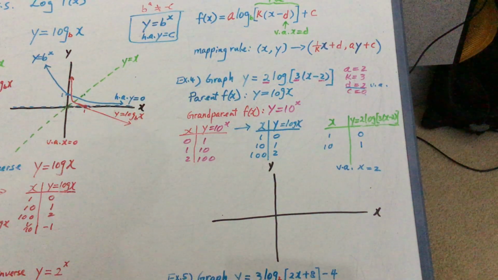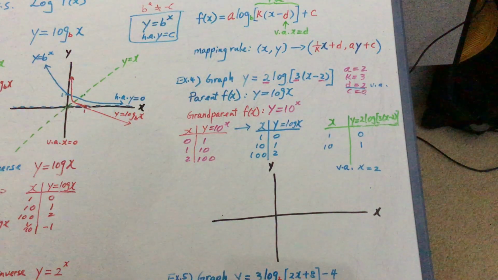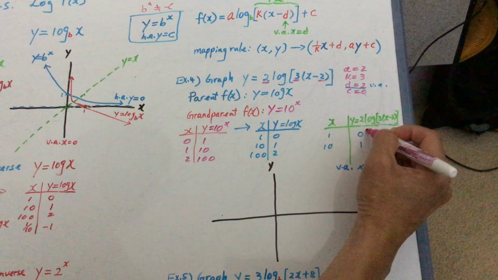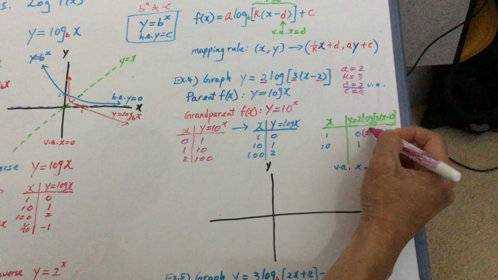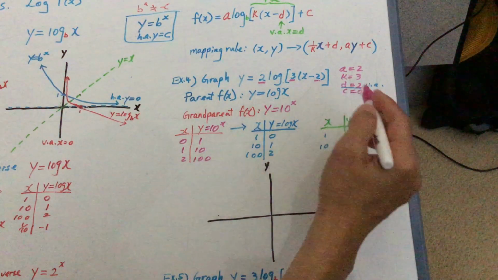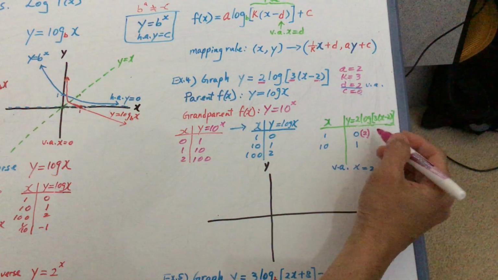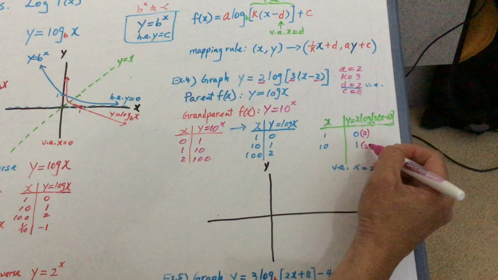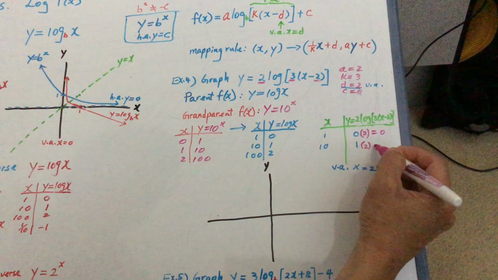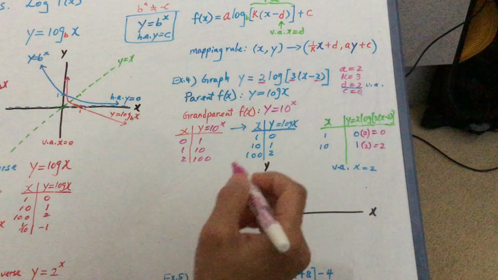What I want to show you is that I'm going to multiply the A in the y column, and add the C, but there's no C, so I'm adding 0. So I'm just multiplying by 2.